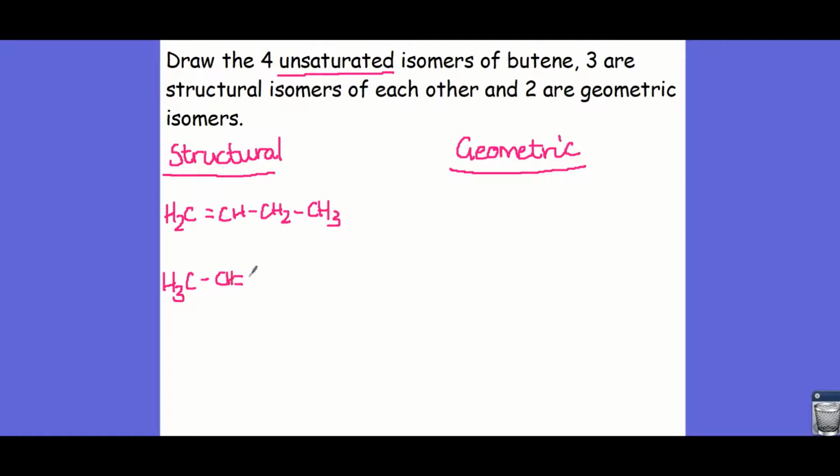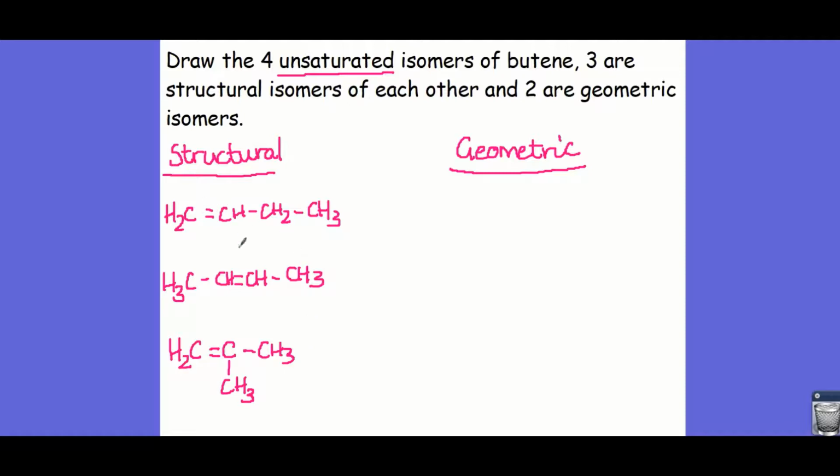Just have an H in there. We have butene. And we have methylpropene, all structural isomers.